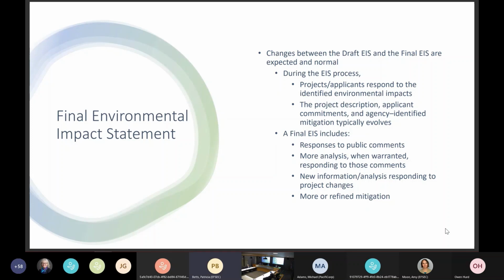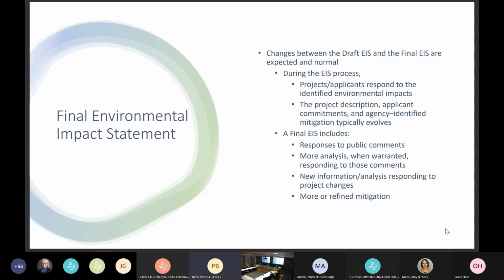They often make adjustments to the proposal based on the information about impacts and mitigation in the draft EIS. Applicants may have identified other changes or details related to the proposal as a result of further work defining the proposal. So that's one kind of change that we might find between the draft and the final.